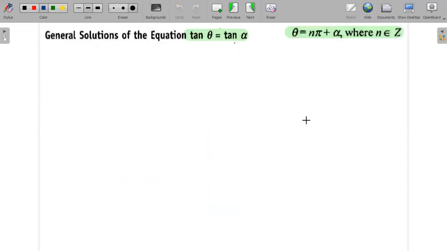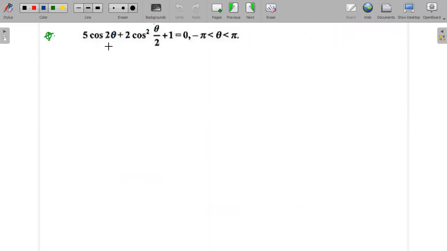Now let me take a question, where different types of angle are participating. 5 cosine 2 theta is there, and 2 times cosine square theta by 2 is there. Is there any way we can convert their arguments into the same argument?